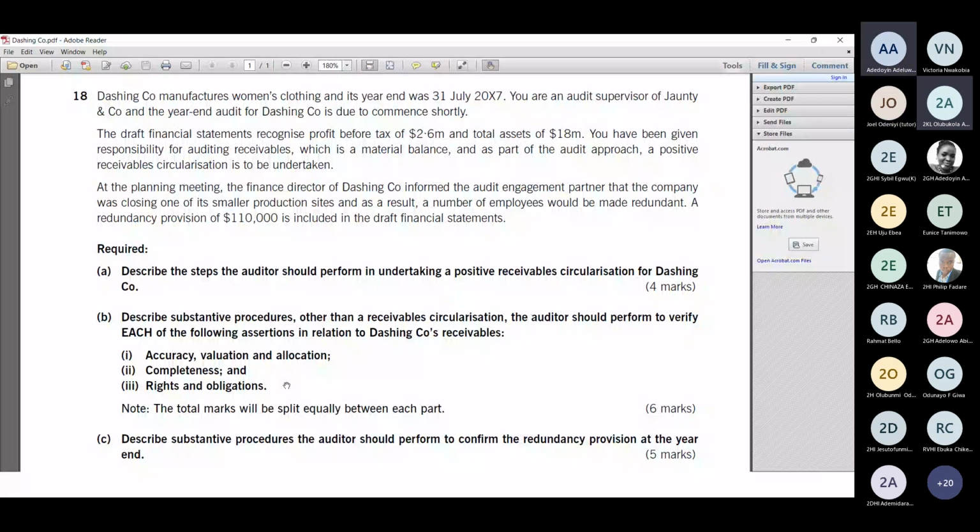Okay, so I can say that we should review after-date cash receipts, maybe to check if any payment has been made.